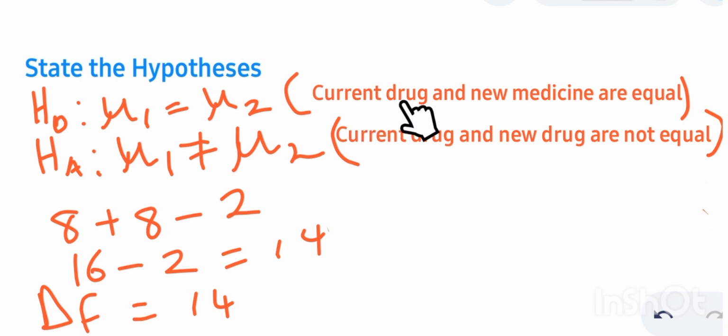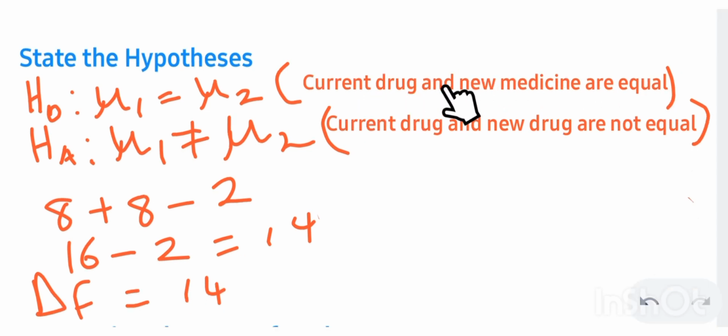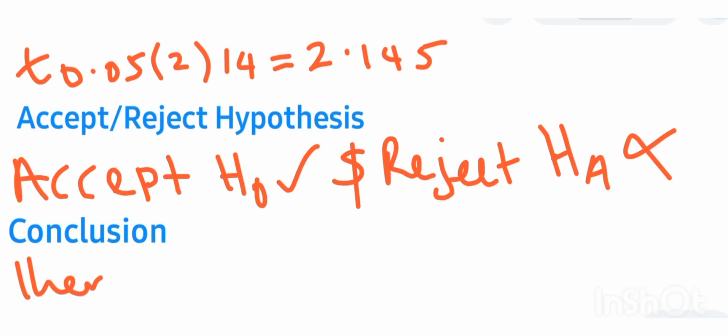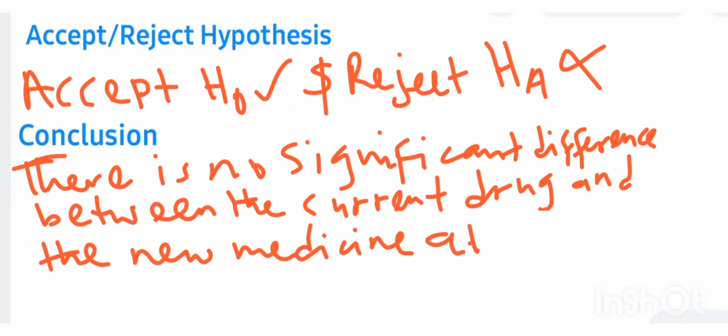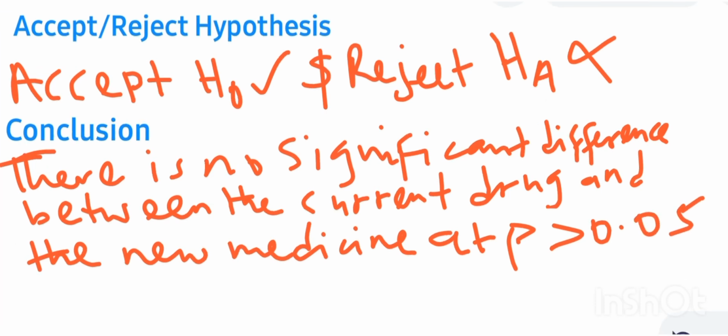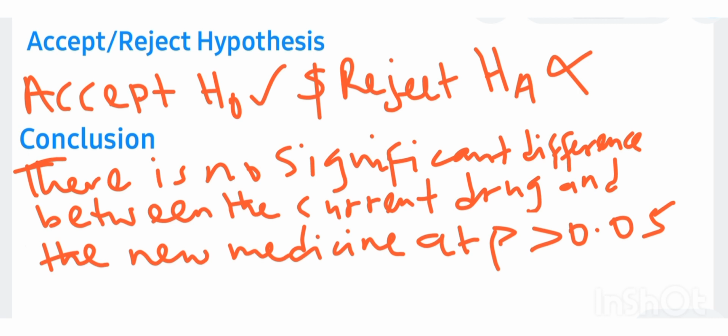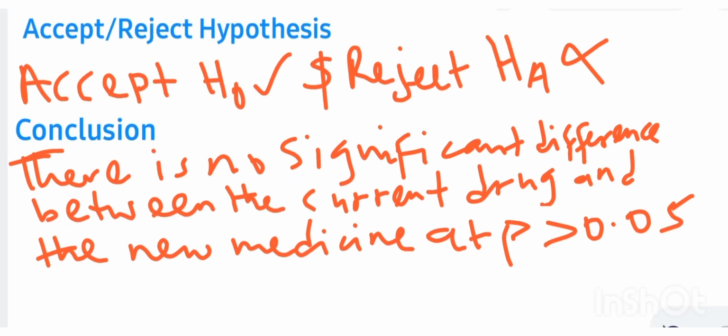So we accept this hypothesis, and we report that there is no significant difference between the current drugs and the new medicine, at P greater than 0.05. So we basically draw a conclusion that the current drug and the new medicine have similar effect in reducing blood pressure.